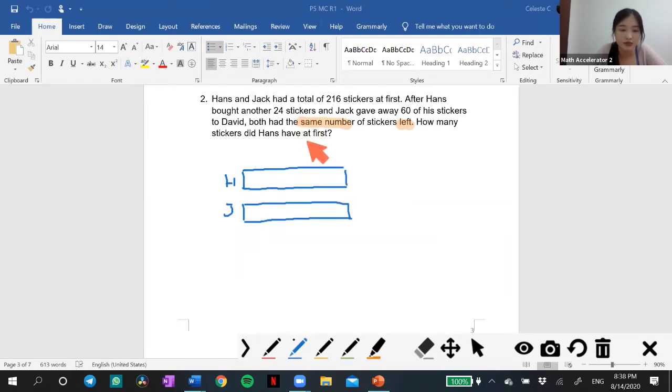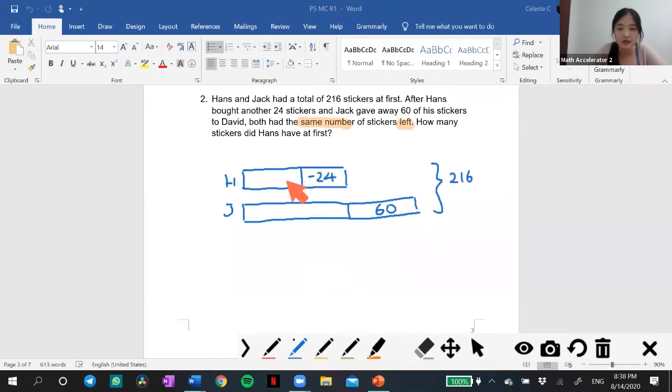So this means that the 24 we have to take away from Hans. And then Jack gave away 60 of his stickers, which resulted to this. So if you're working backwards, you have to give Jack back the 60 stickers. So this gives you a total of 216 stickers at first.